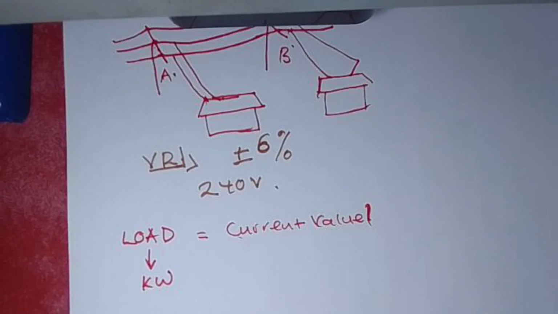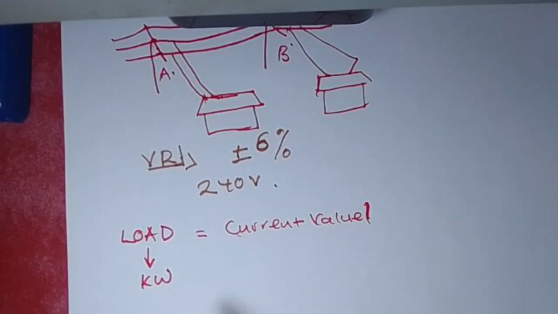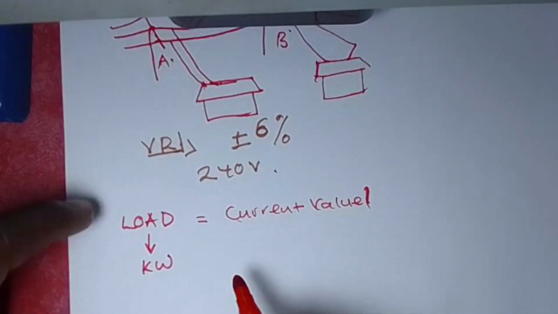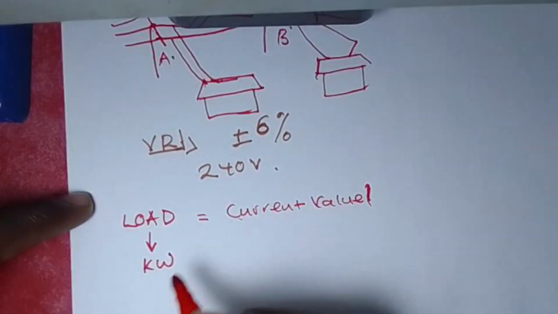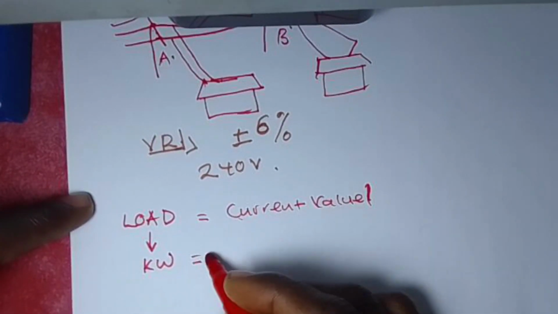So I was speaking about the current and power rating, why it is equal. Simply because if they give, for any system that we have, a rating in terms of kilowatts, that is the power rating. Power is equal to current times voltage.